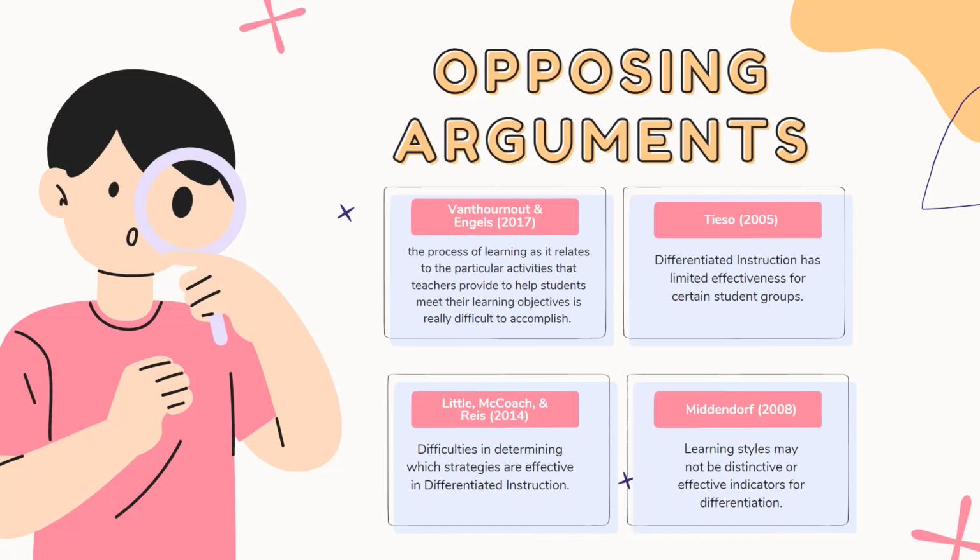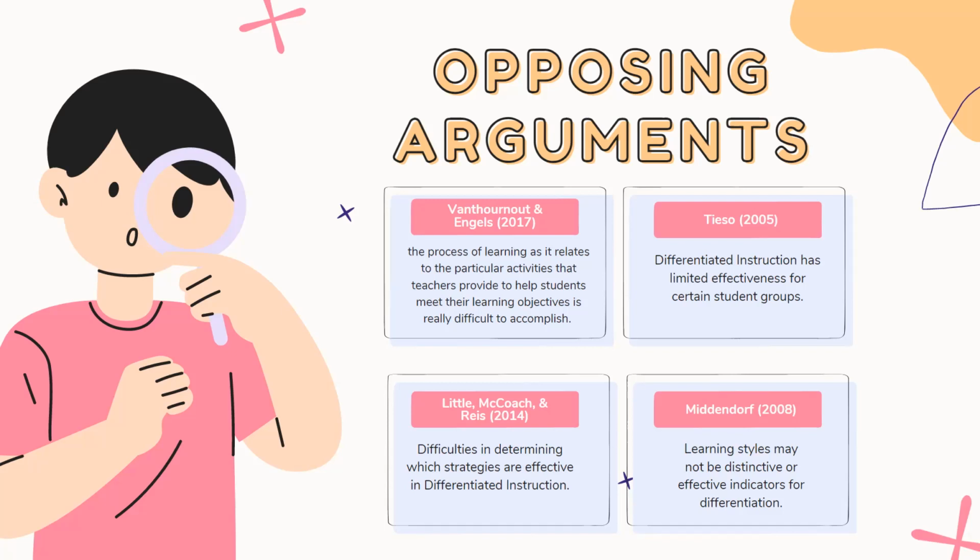Differentiated instruction has limited effectiveness for certain student groups. Tieso in 2005 found that only advanced learners benefit significantly from differentiated instruction compared to other groups of learners.